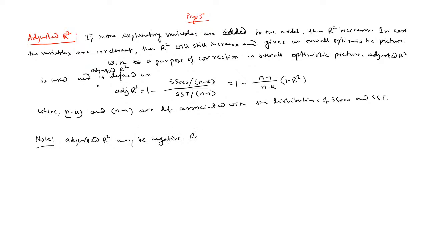For example, if you use k equal to 3 explanatory variables and 10 observations, and suppose your R square is 0.16, then if you compute adjusted R square using this formula, it is minus 0.25, which has no interpretation.